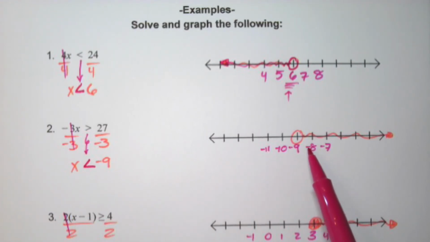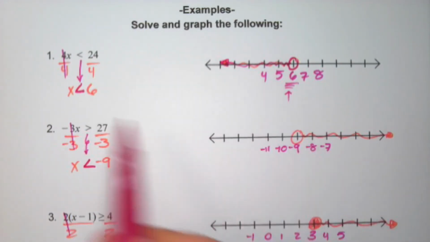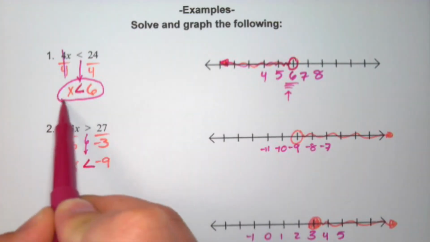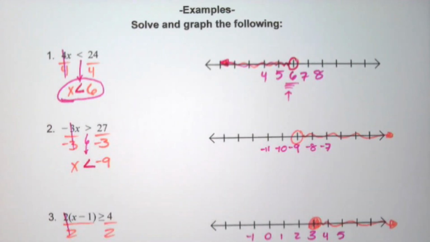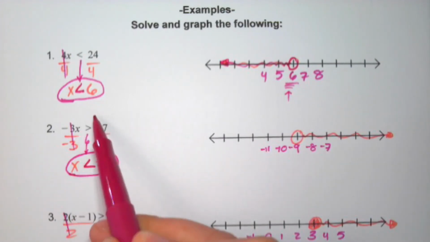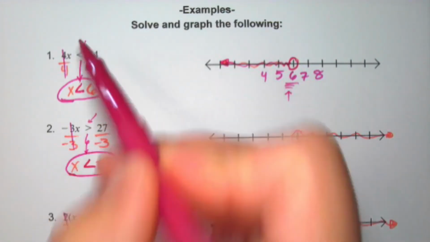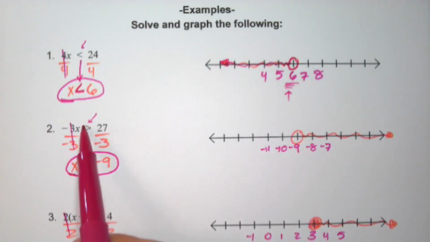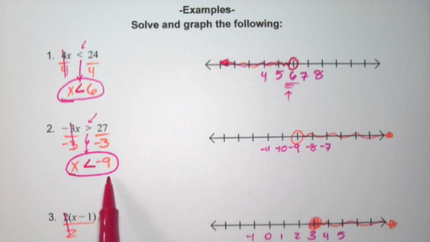So this is something I want to bring to your attention: when you graph it, you're always graphing from that final solved piece, not from any of the original. So though the original had the greater, we need to always graph it from that final standard form piece.